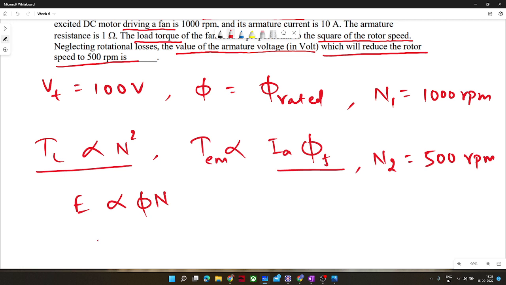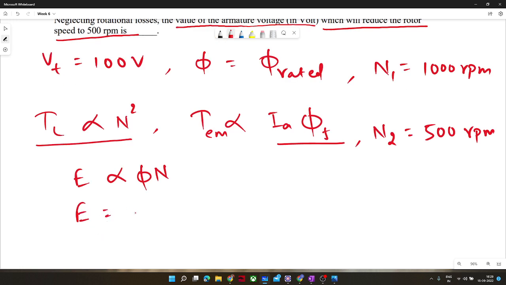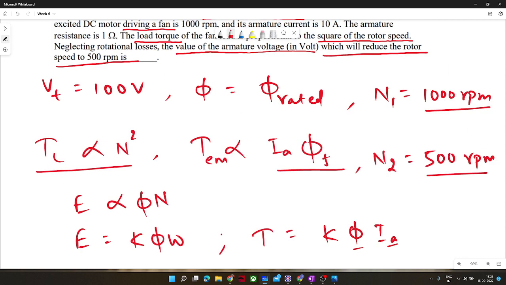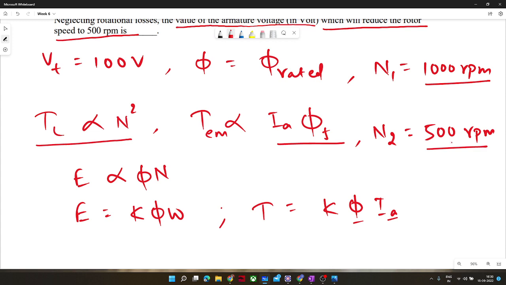So we have a common constant K. Back EMF is K phi omega. This is a very famous formula, and torque is equal to K phi IA. So torque depends on flux and current, and back EMF depends on flux and speed. Initially the speed was 1000 RPM. Now we need to reduce it to 500 RPM. What kind of flux or current or voltage will there be so that the speed is reduced to the 500 RPM level?